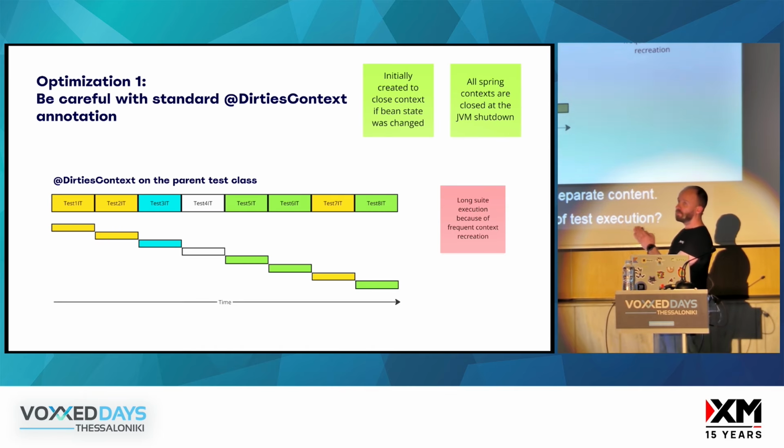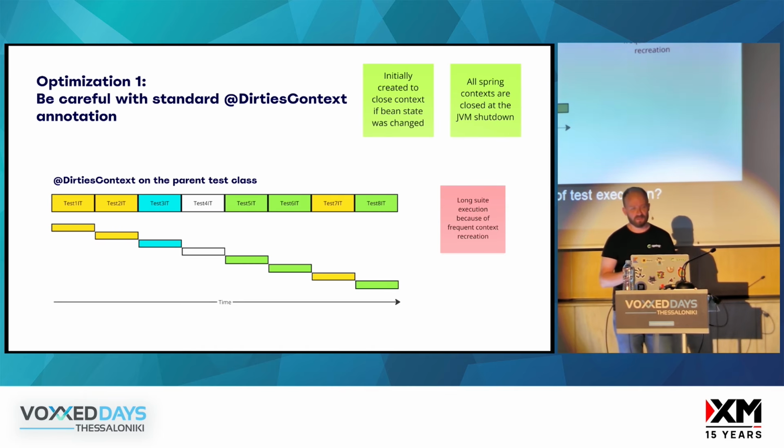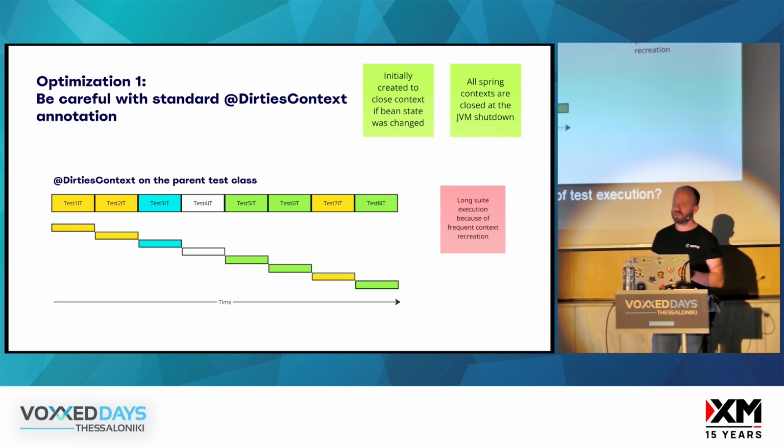So let's go through optimization advice. If you ever inspected the problem that I'm talking about, I believe you're aware of a well-known annotation called @DirtiesContext, and what it does. After a test, or maybe before the test, it closes the context, and in many cases it indeed solves the problem.